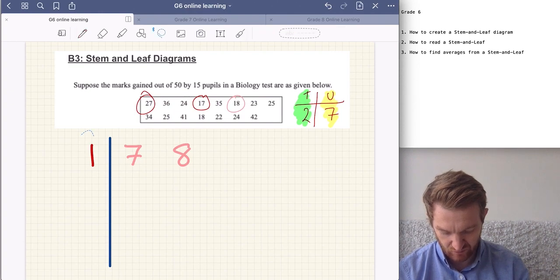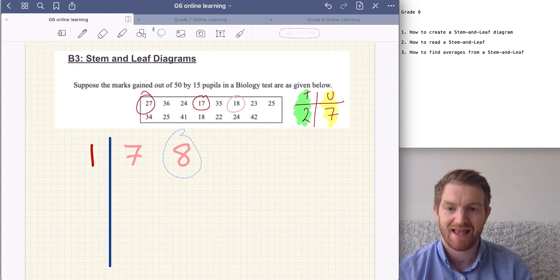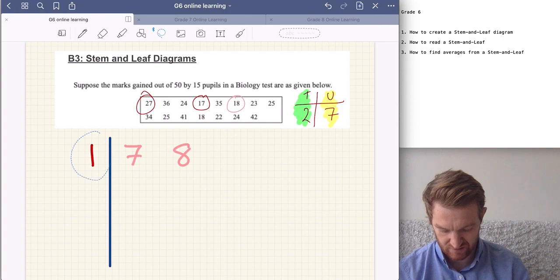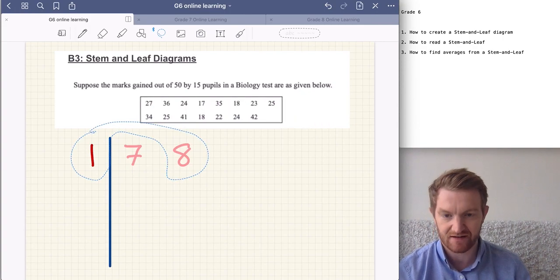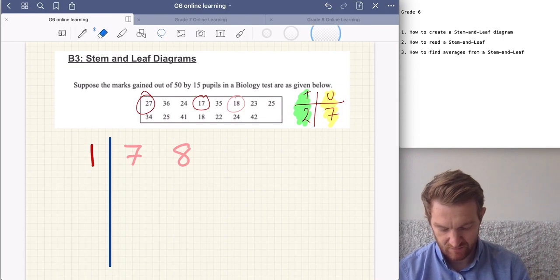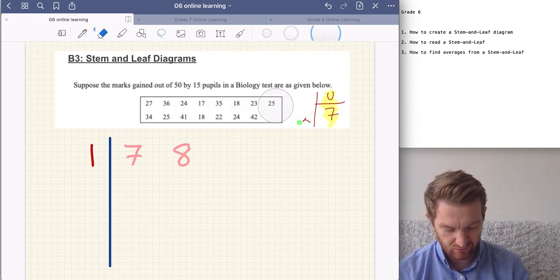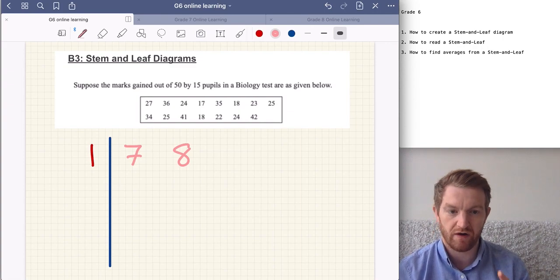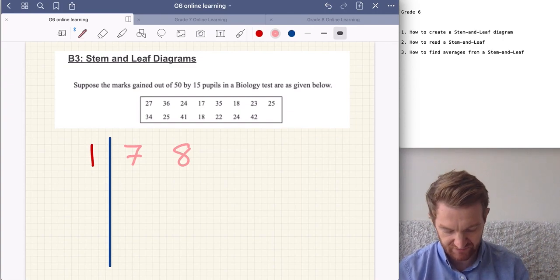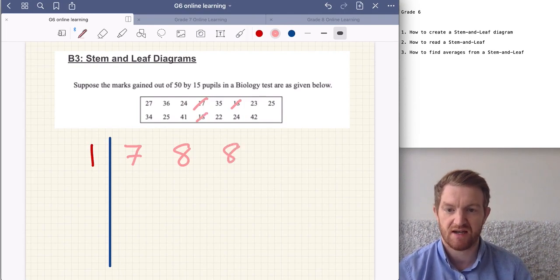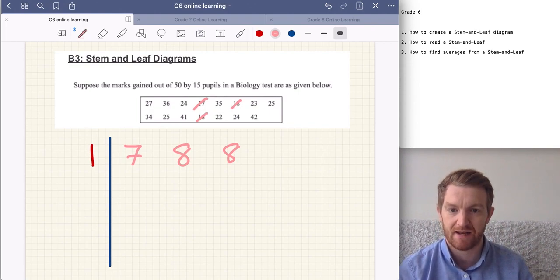That means we've got 1 and 8 to make 18. We keep doing this as we go up, and we do all the numbers that include a 1 and something. So we've got 17, we've got 18, and then we've got another 18. So there's 3 numbers there, 1, 7, 17, 1, 8, 18, 1, 8, 18 again.